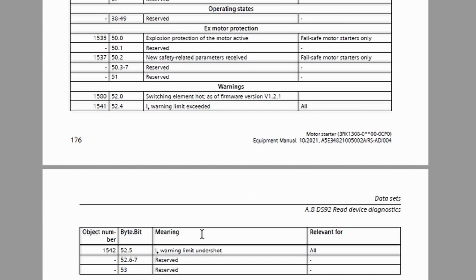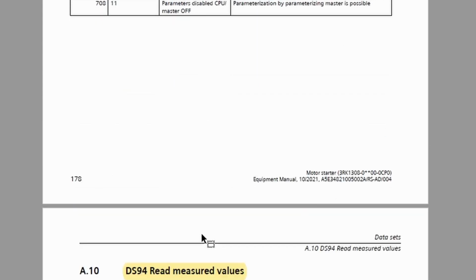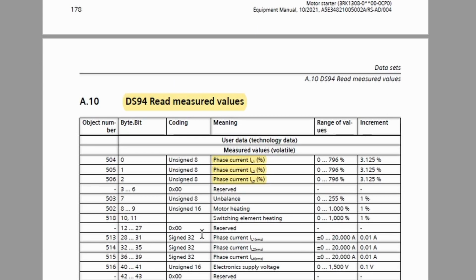We're going to keep scrolling down, because I've highlighted another one that we will be using, which is data set 94. Data set 92 didn't have anything about the actual current reading, and that's what we want to use. All of that information is in the measured values section, or more easily said, data set 94. Here we see that each individual phase current is called out.